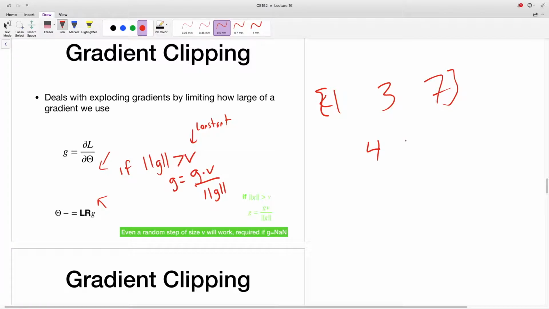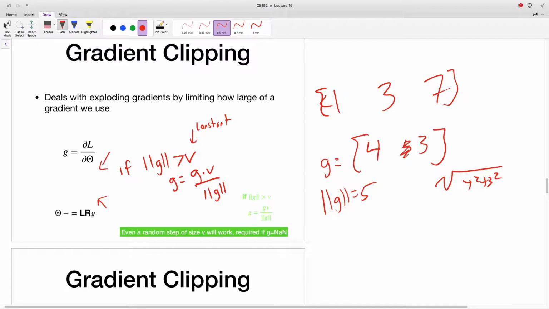Let's do 4 and 3, because I know those work well. So what's the length of this vector? 5, right? Because of the Pythagorean theorem, the length of this equals 5.